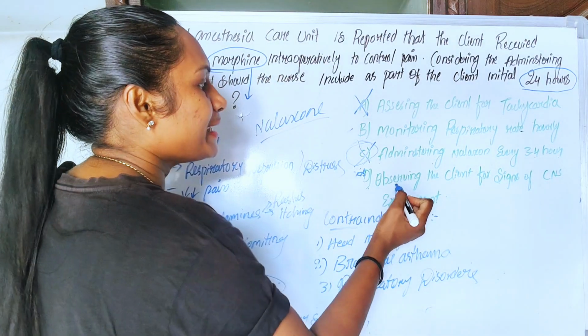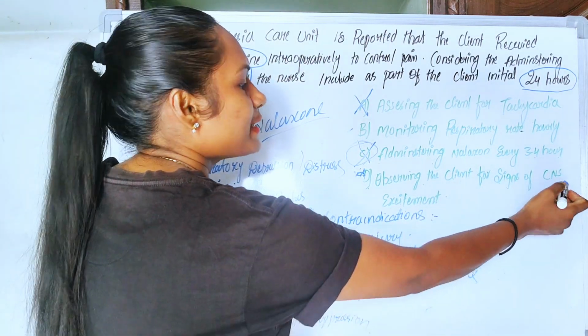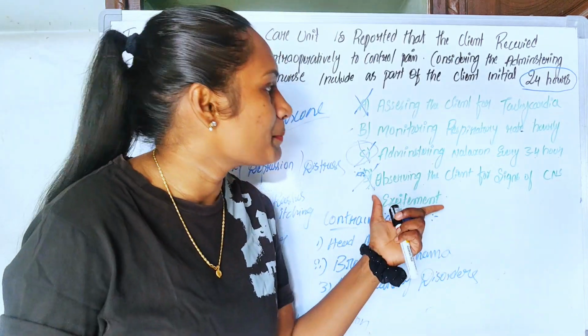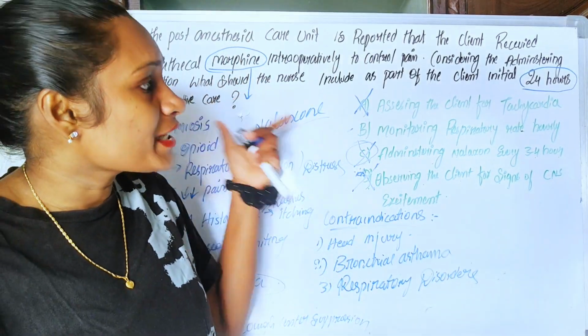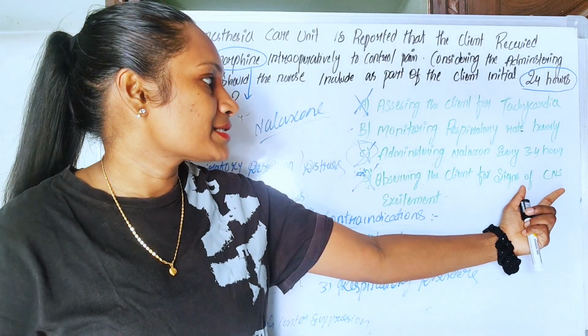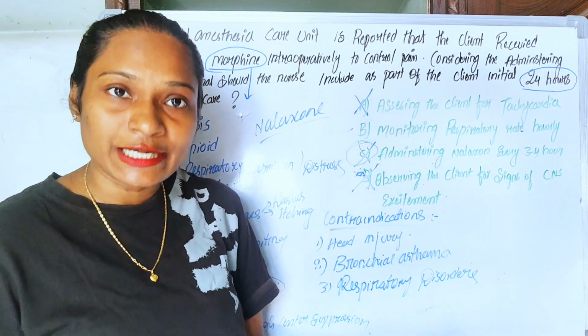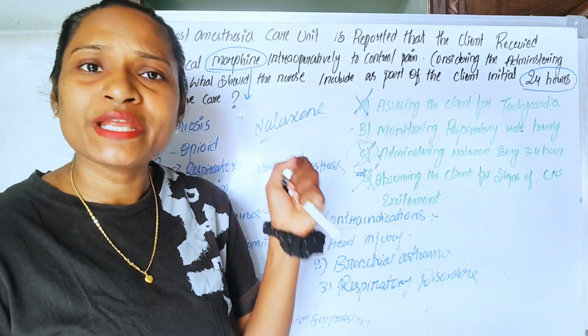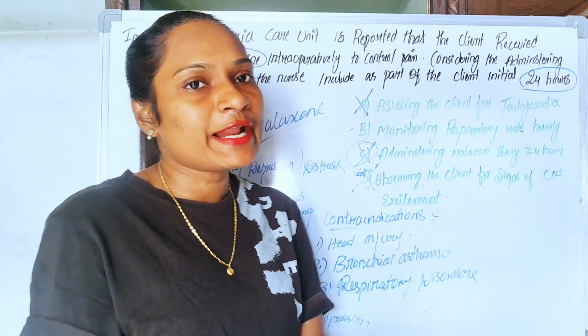Next, option D, observing the client for signs of CNS excitement. This is also wrong, because morphine's normal function is CNS depression, so no need to observe for that.